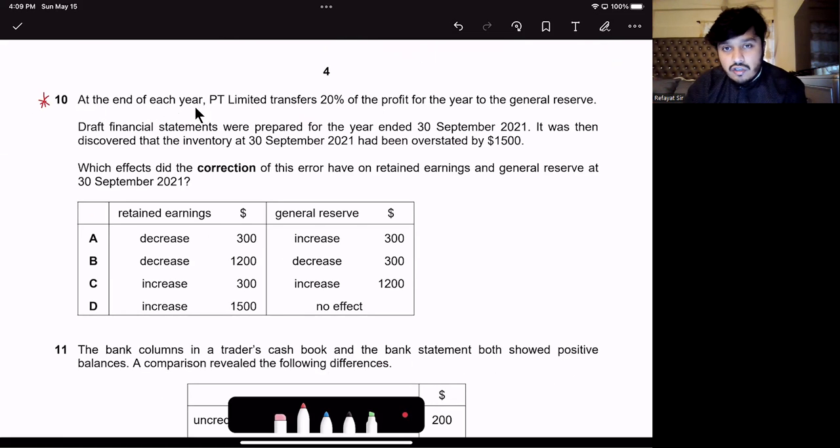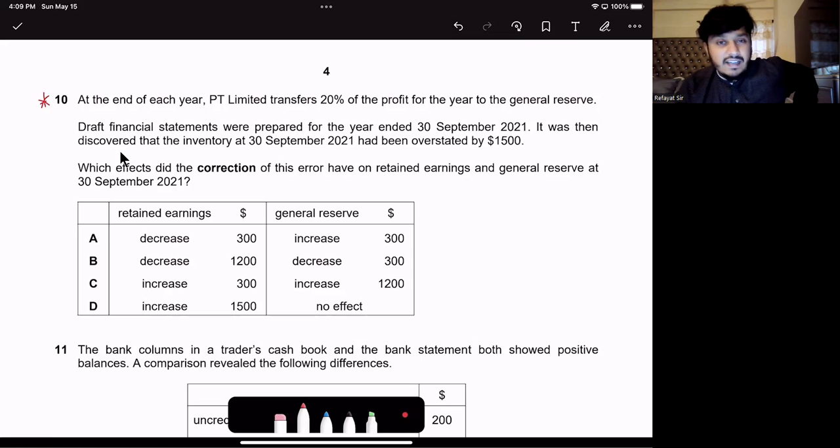At the end of each year, PT Limited transfers 20% of the profit for the year to general reserve. Draft financial statements were prepared. Draft financial statements means that particular income statement which isn't totally correct. It has some mistakes.